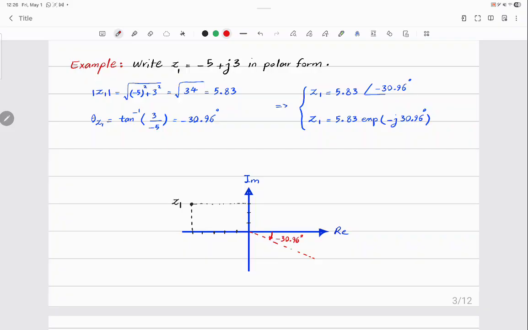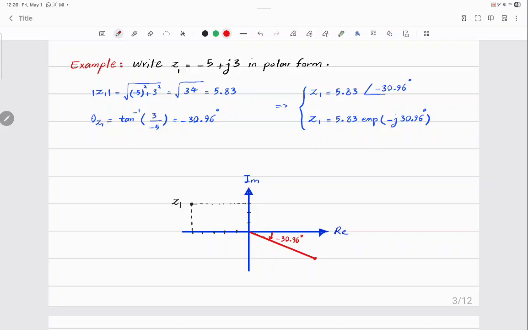That is -30.96 degrees. And if that length is equal to 5.83, which I guess it is, then that is the answer that you found. Is it Z1?